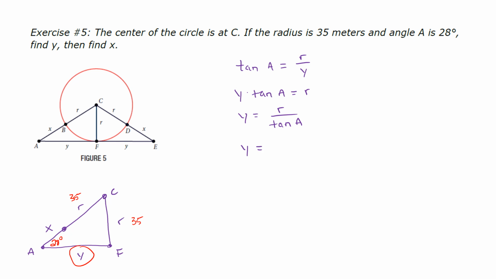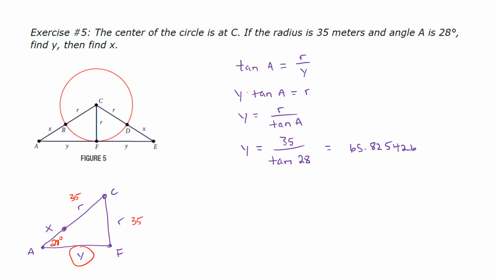Well, I know R is 35, and I know the angle of A is 28. So plugging that into my calculator, I'll get 65.825426. Okay.